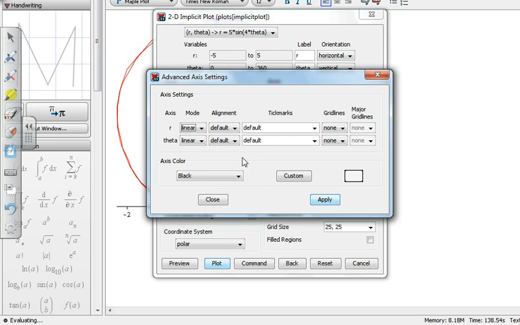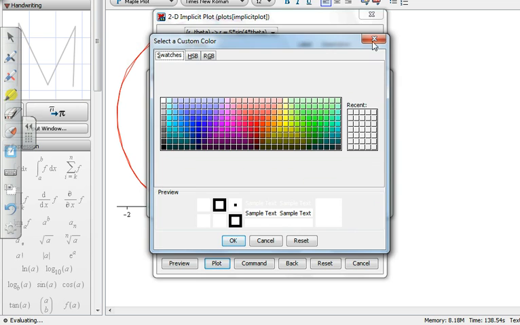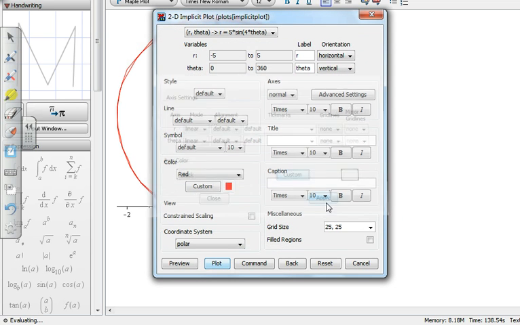Tick marks, alignment, linear. Why can't I change this? Grid size, style, axes.